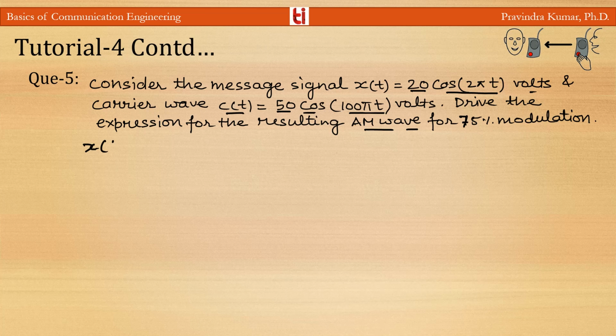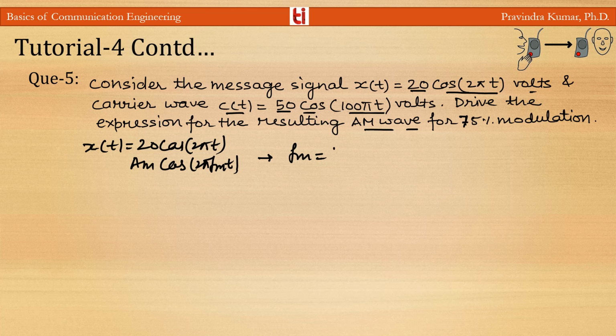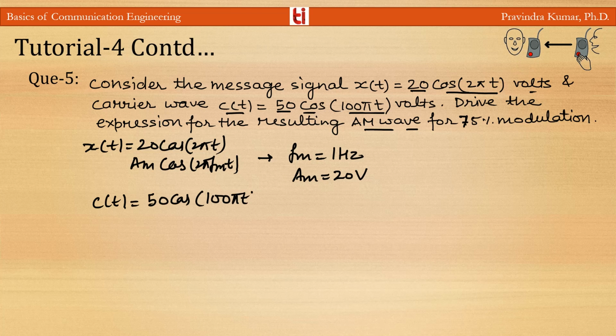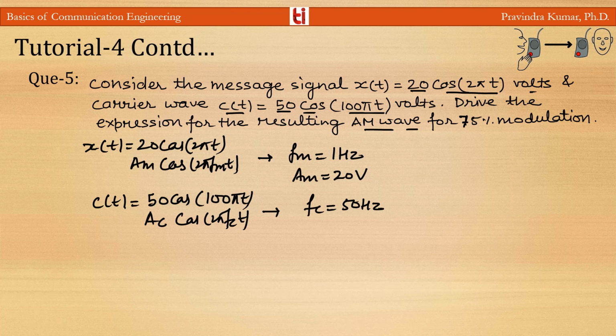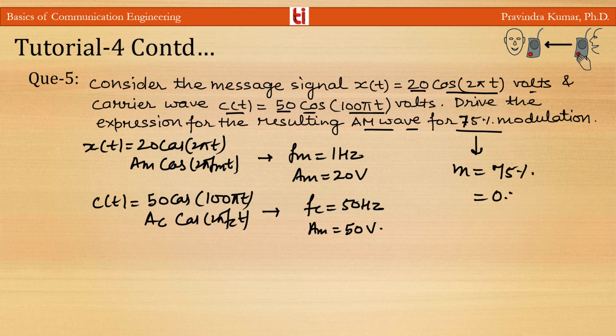Here xt is given as 20 cos 2 pi t, and after comparing it with Am cos 2 pi fmt, I get fm is 1 Hertz and Am is 20 volts. ct is 50 cos 100 pi t, and comparing it with AC cos 2 pi fct, I get fc is 50 Hertz and AC is 50 volts. And here the modulation index m is 75%, or I can write it as 0.75.